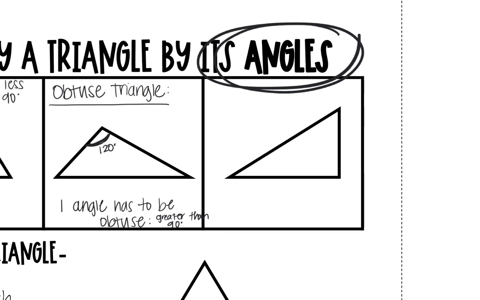Okay, and let's do this last part here. The right triangle is the last one. So this is the right triangle.